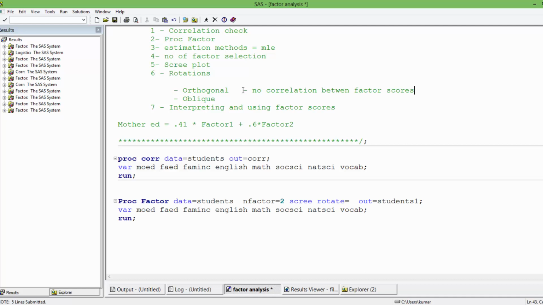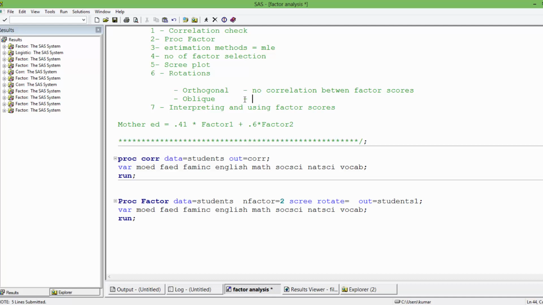That's one way of handling it. Sometimes it's very impractical to impose this condition. Having no correlation between two variables is very unrealistic. And sometimes in a modeling setup, we want some practical correlation between these two factor scores.